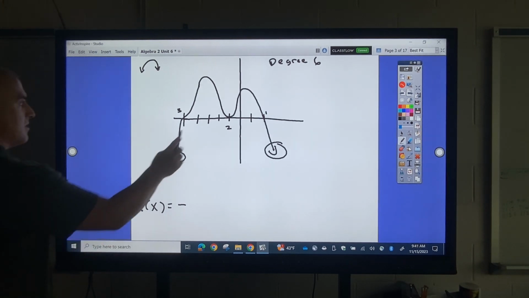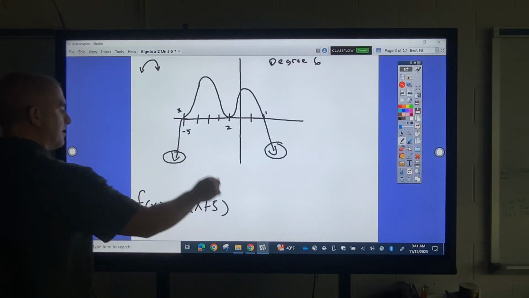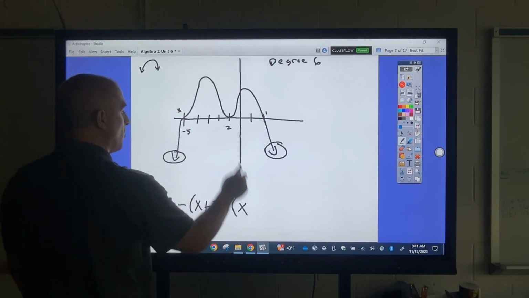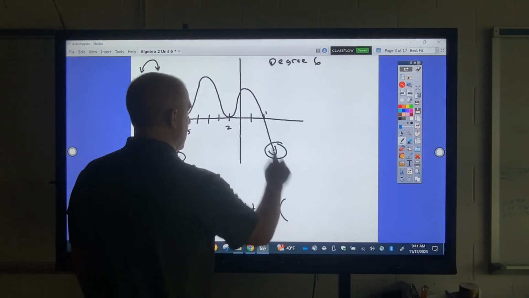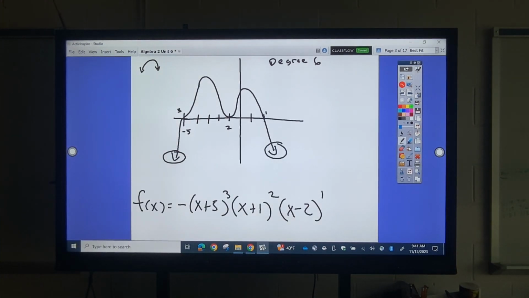So that's 1, 2, 3, 4, 5. So x plus, that's at -5. When I convert that to a factor, I'll make that there. This is going to cross at -1, which would be x plus 1. And since that quick touch is there, that's 2. And then that crosses at 2, so that's how I get it for 1. That's the factored form.